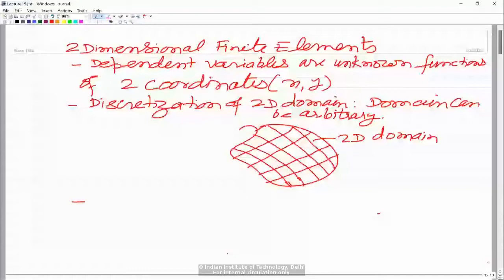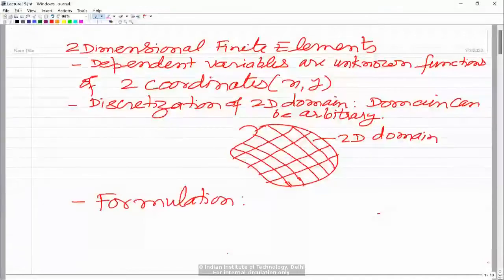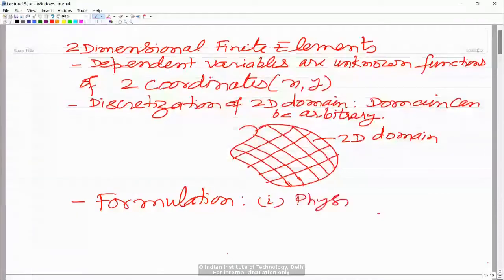So formulation in 2D can be done in two ways. This is based on the interpolation of the unknown variables. One is the interpolation in terms of the physical coordinates, say x and y, the physical coordinate space.